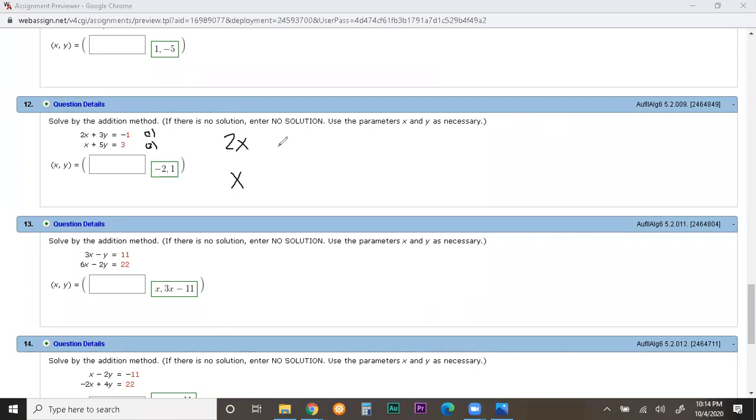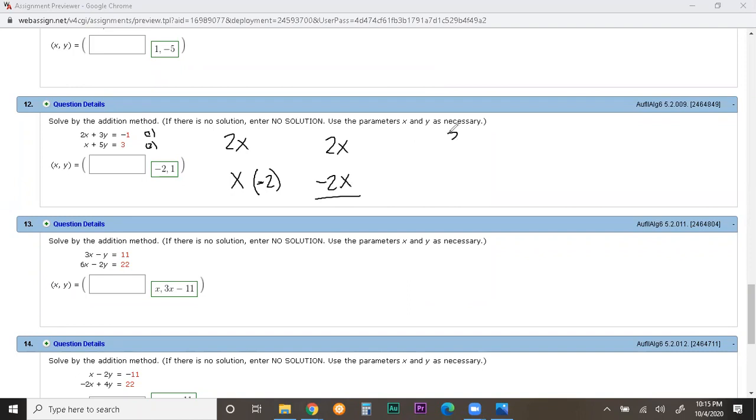So we want to think, how can we make this eliminate? If we had 2x and negative 2x, that would add together to give us 0x, which is what we want. So that means we would have to multiply that second equation by negative 2.